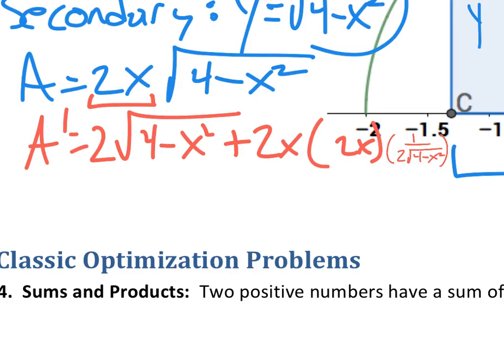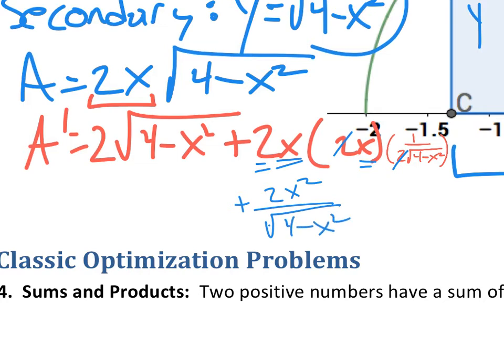So this 2 is going to cancel with that 2. And then we have a 2x here, so we've got actually an x times a 2. So that's a 2x squared all over the square root of 4 minus x squared.